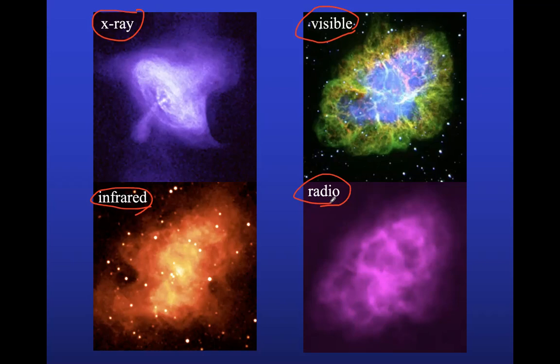This is why astronomers observe these astronomical objects not only using the optical wavelength region, but also other wavelengths such as X-ray, infrared, and radio astronomy, and sometimes ultraviolet, right? So all these different wavelengths give you amazing different information about the same object, right? And there are certain objects that don't even emit light in the visible region, so you have to go for other wavelengths to look at those, right?